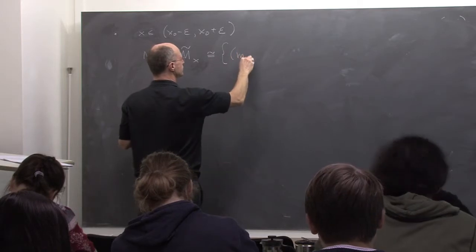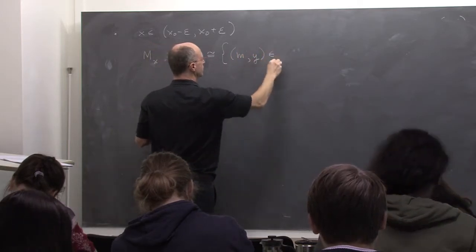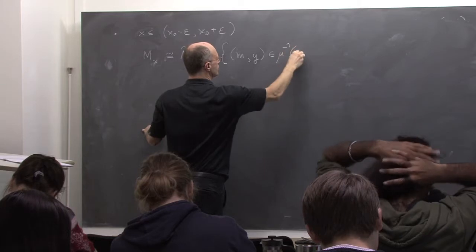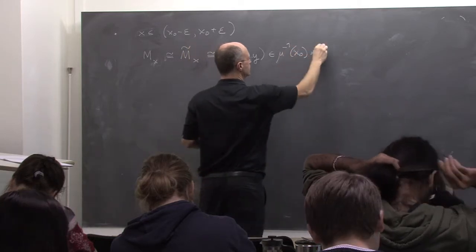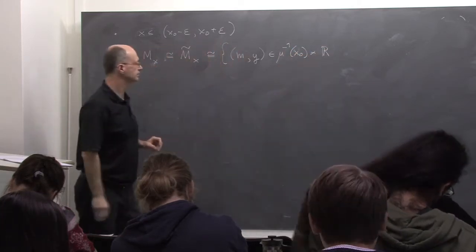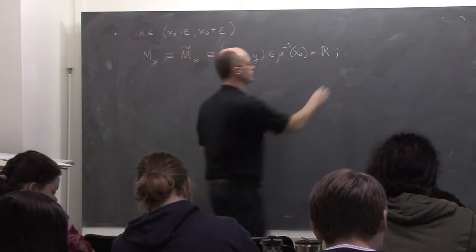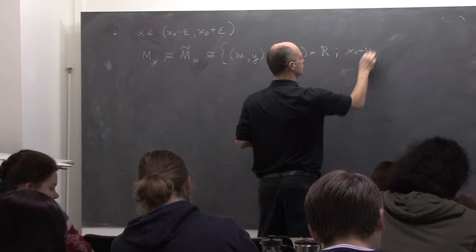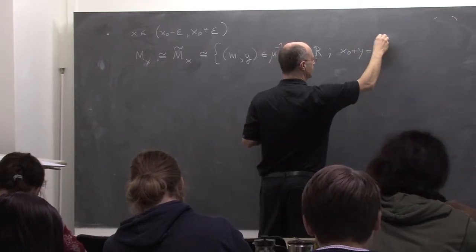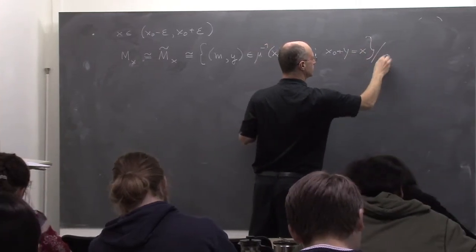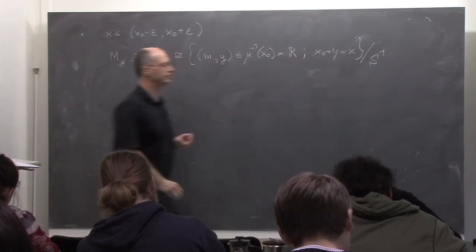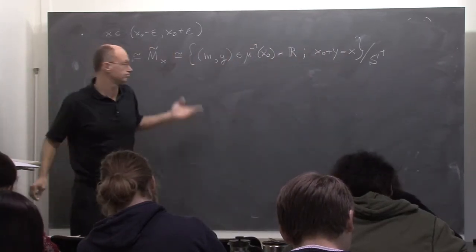So these are points in mu minus 1 of x0 times R, such that, first of all, the moment map x0 plus y should be equal to x. And we should divide it by the S1 action.